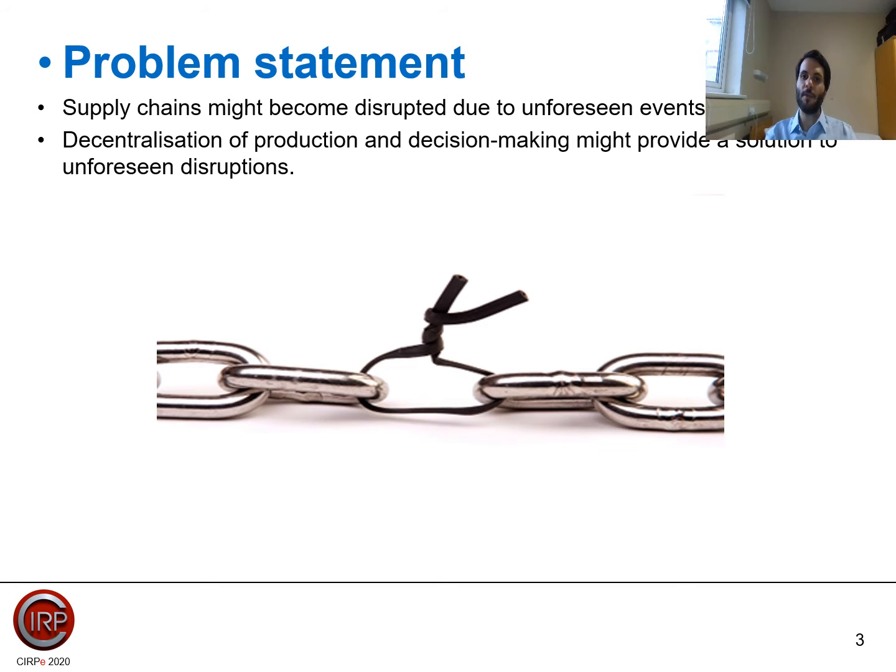Now, naturally, manufacturing systems and their accompanying supply chains are prone to disruptions of varying levels, both expected and unforeseen. Before the design of manufacturing systems, usually designers incorporate certain measures so that the manufacturing system can adapt to small fluctuations.